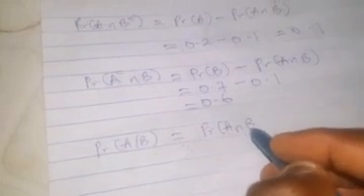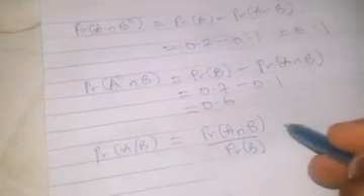The next question we are asked to find is probability of A given B. Probability of A given B is the same thing as, based on the formula, probability of A intersection B divided by probability of B. Now probability of A intersection B is 0.1, probability of B is 0.7, so that's the same thing as saying 1/7.